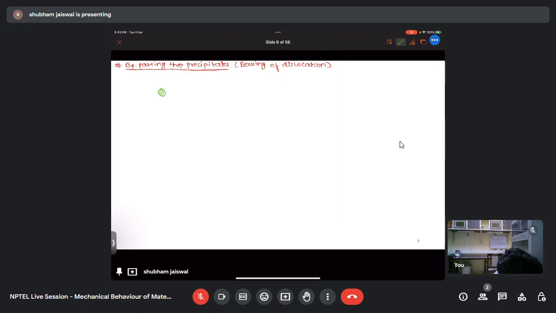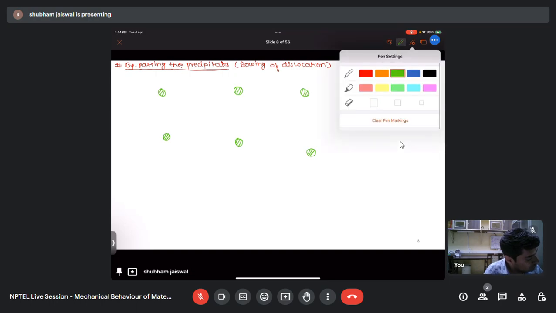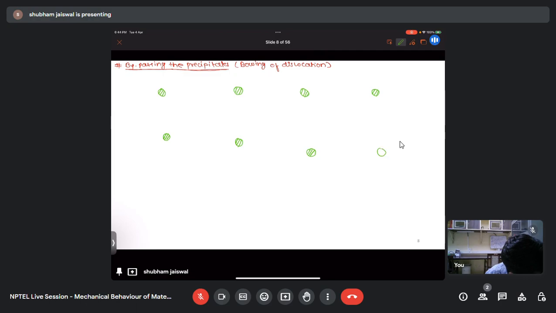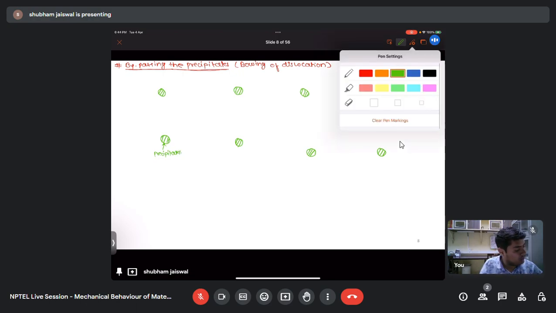Let's say these are my precipitates, and let's say this is my dislocation.